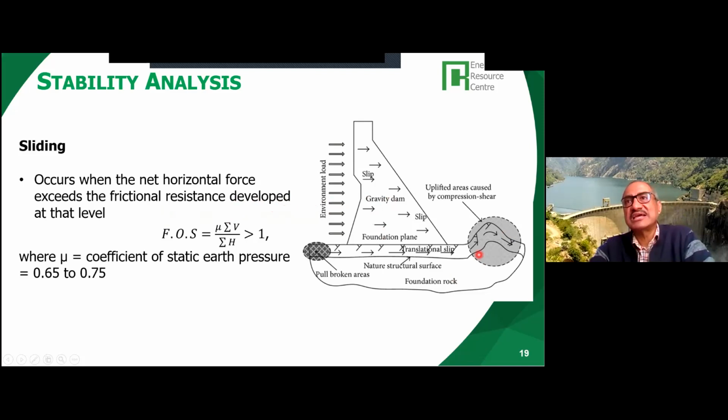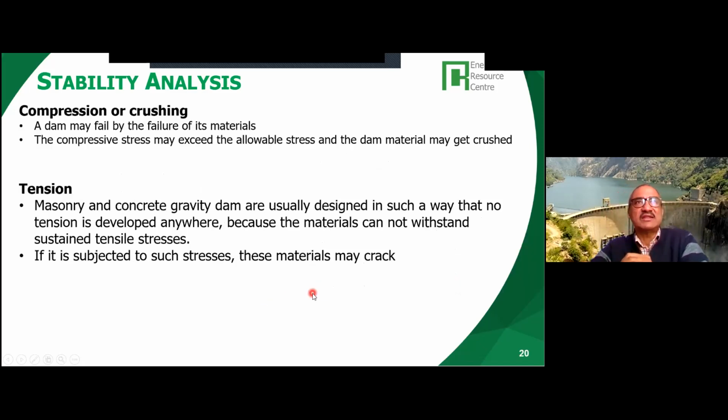This is given by this formula, and the factor of safety should be more than mu times the vertical load over the horizontal load. Mu is the coefficient of friction, which is between 0.65 and 0.7. So you have to make sure that in terms of sliding, the factor of safety is more than 1.